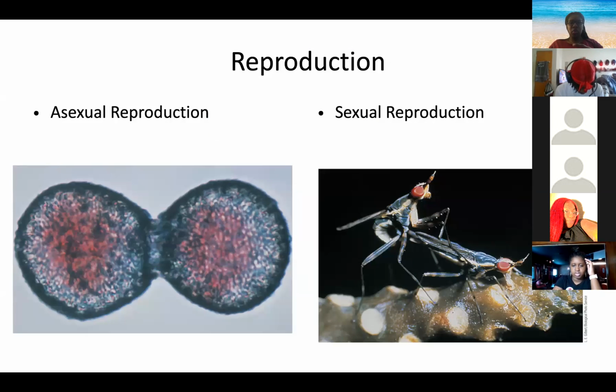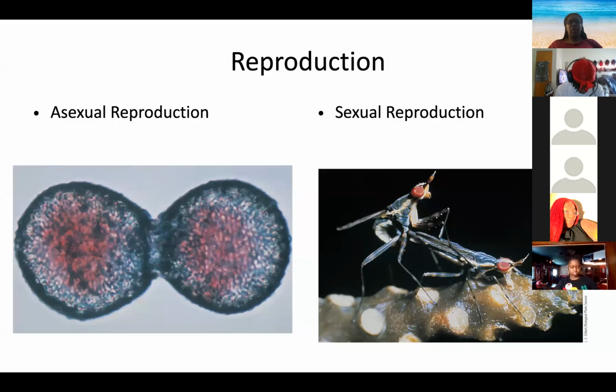So asexual and sexual reproduction, you need to be able to contrast these two forms of reproduction in terms of the requirements. One parent or two parents. Another thing that you can think about here is the diversity or the difference of the offspring.